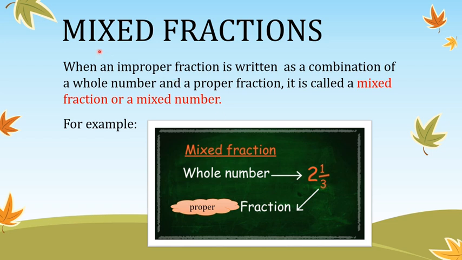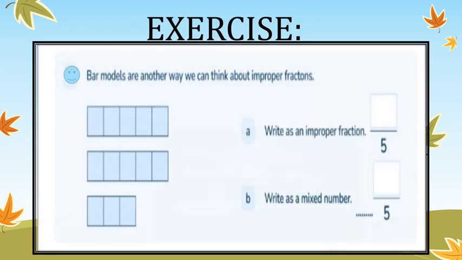Let's do one exercise to understand this better. In this exercise, the direction is: bar models are another way we can think about improper fractions, and also we can represent them as mixed numbers. We have just learned improper fractions and mixed numbers. So these are the bar models which are given.